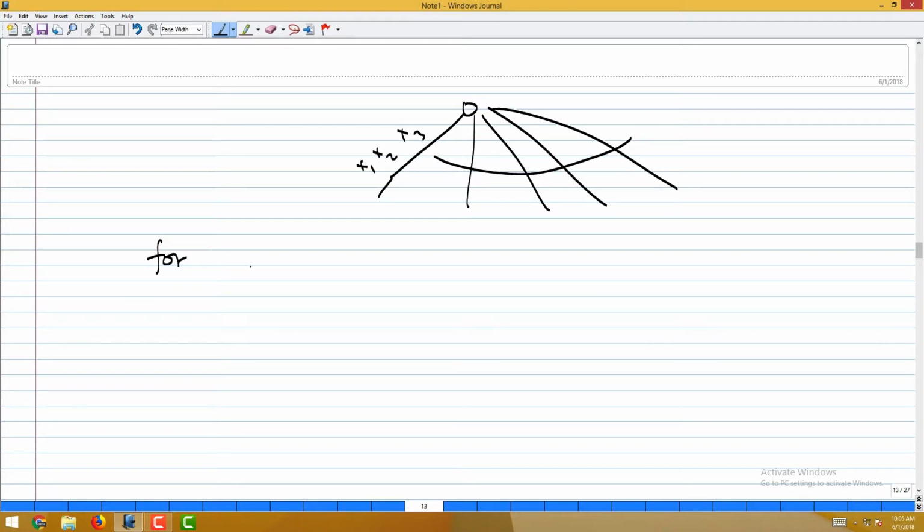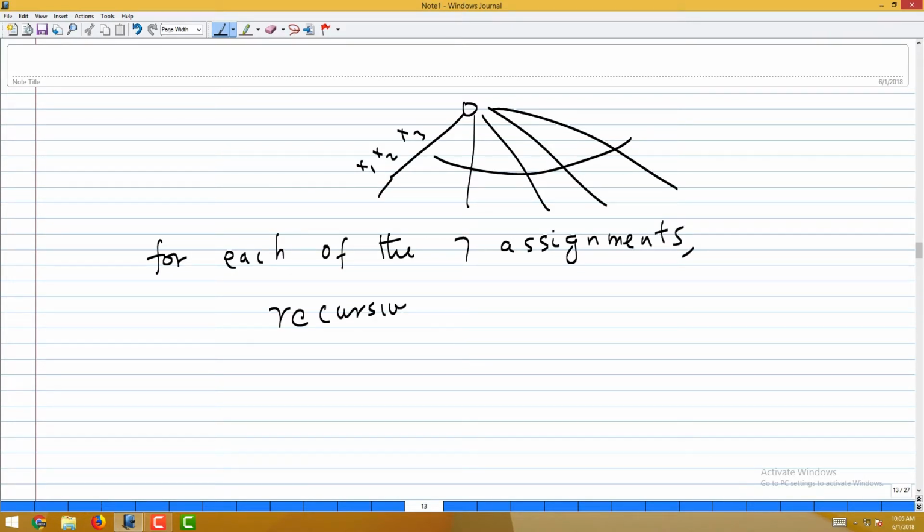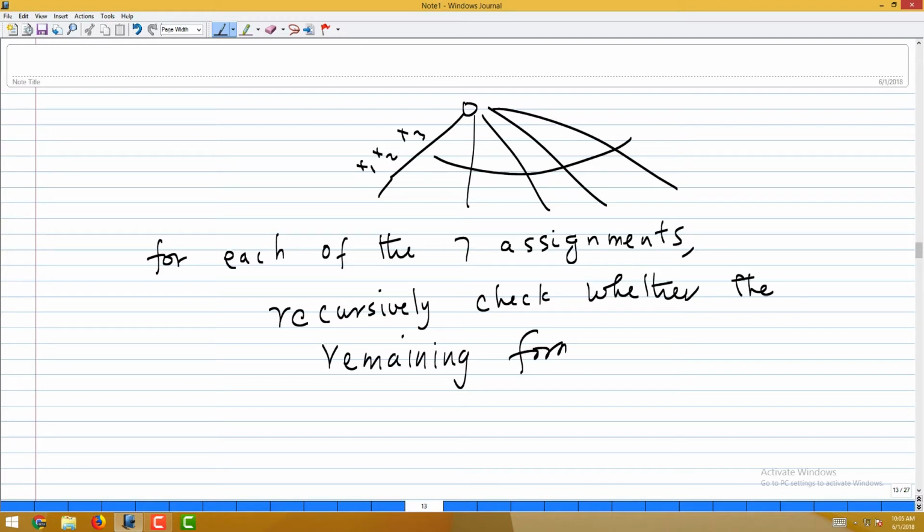For each of the 7 assignments, recursively check whether the remaining formula is satisfiable. The good thing is, in the remaining formula I have gotten rid of 3 variables.